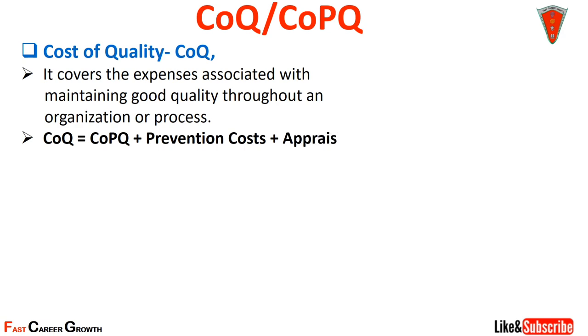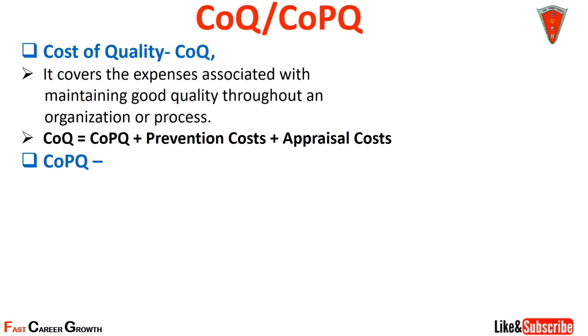What is prevention cost? Prevention cost means the costs associated with making your product defect free. The appraisal cost is the cost of how to maintain the quality and how to track the quality level of your product.